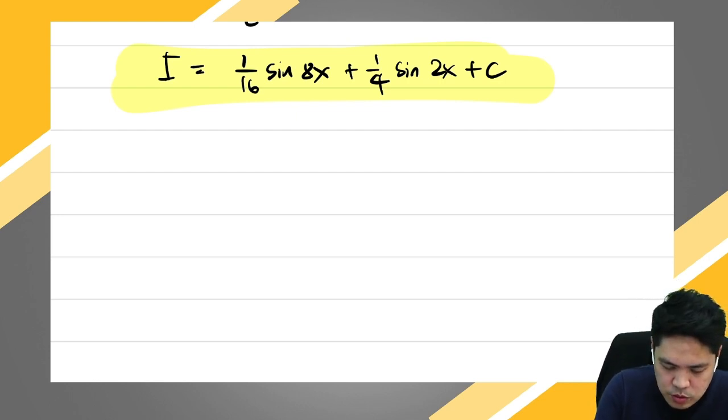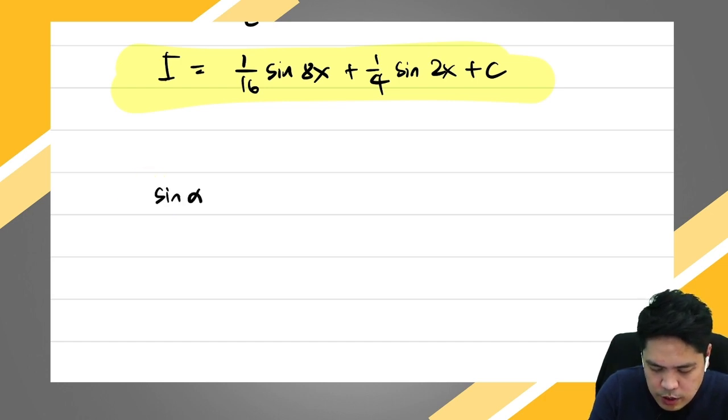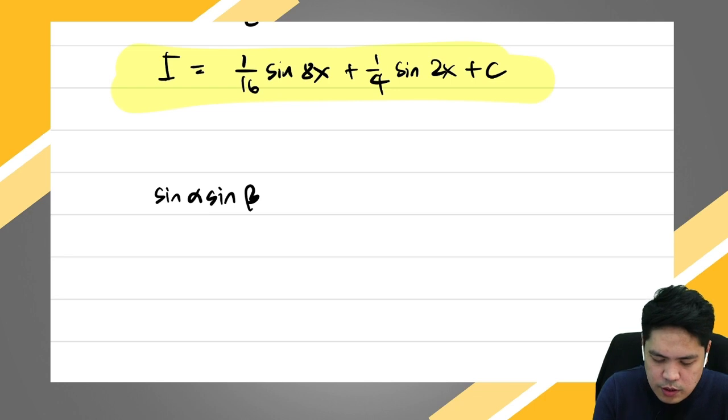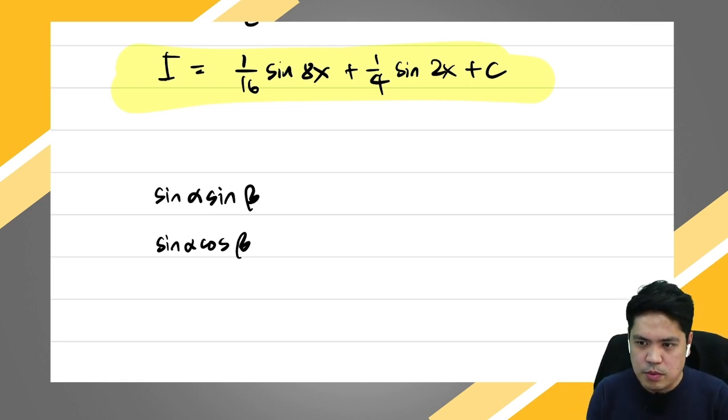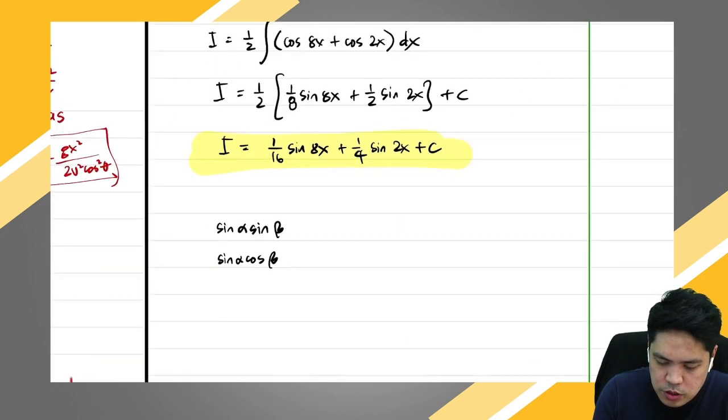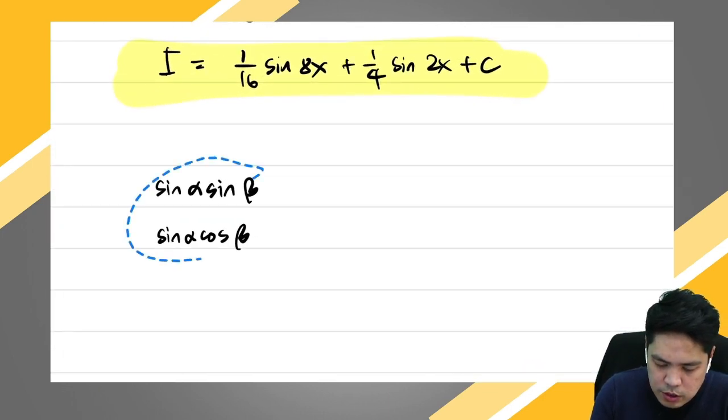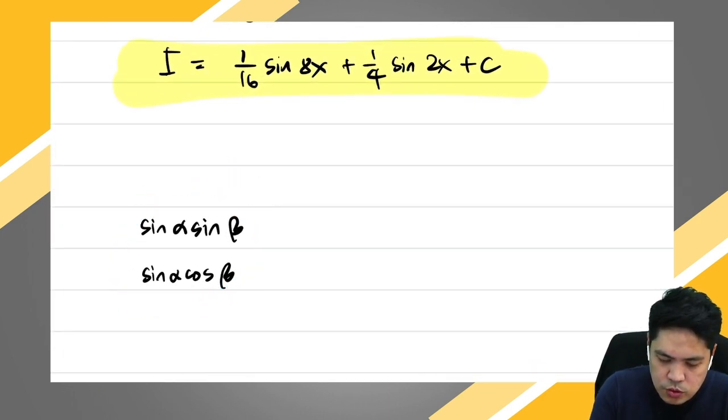From the previous example, we could also derive other formulas for integrals appearing this way. Suppose our function is sine alpha and sine beta. And how about if it's sine alpha, cosine beta, or it could be interchanged, like cosine alpha, sine beta? The implication is still the same. So we'll have three trigonometric transformations that we need to memorize.